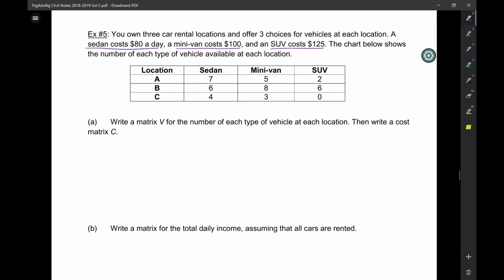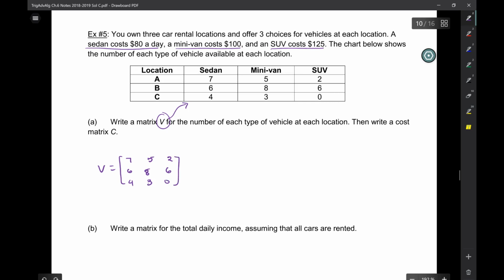Okay, write a matrix V for the number of each type of vehicle at each location. So your matrix V is going to come from this. In the first location, you have 7, 5, and 2. Second location, 6, 8, 6, 4, 3, 0.